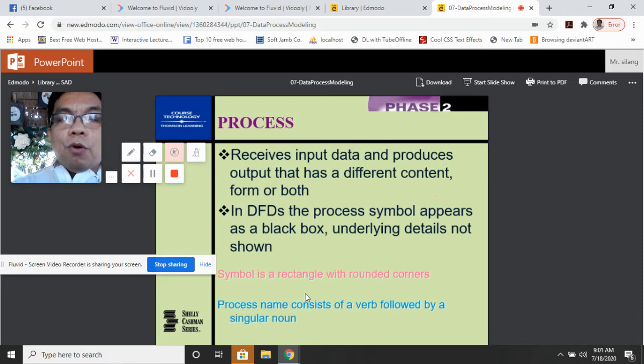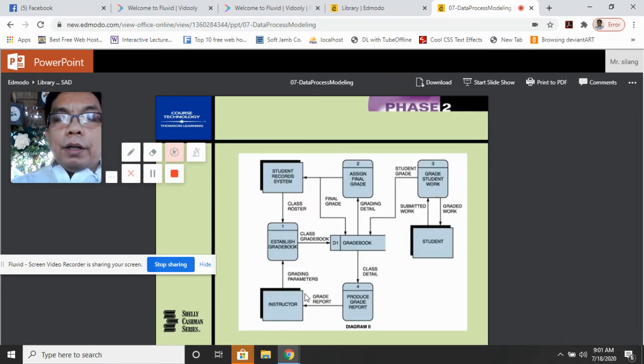So let's go back again to our diagram. The arrows here are our data flows. Each consists of a noun, like work, and an adjective if needed. So what kind of work is this? This one is the submitted work, and this one is the graded work. This is a grade.